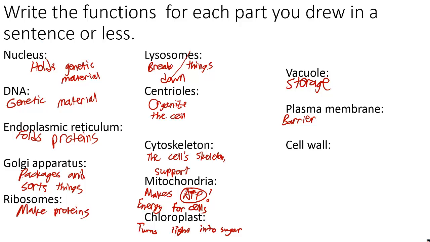We talked about this, a barrier to keep things in or out, and the cell wall is to make it sturdy and tough. Those are definitions that you could put and it would give you full credit. You don't have to make them too fancy.